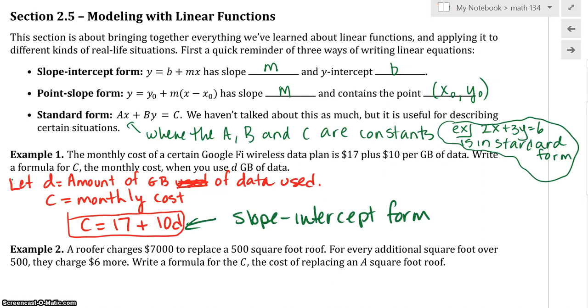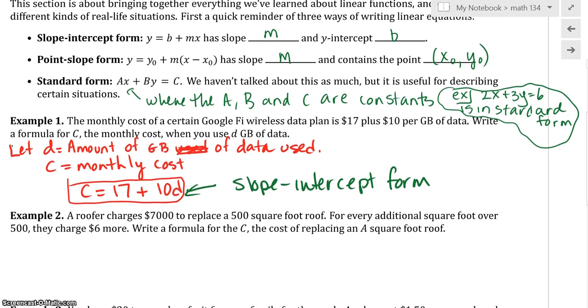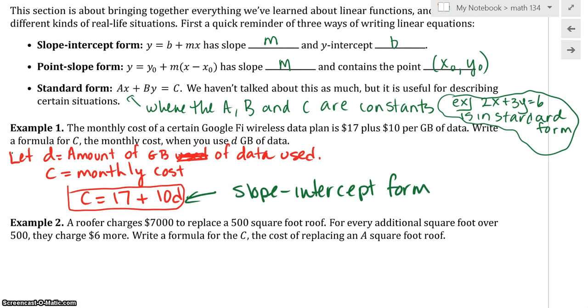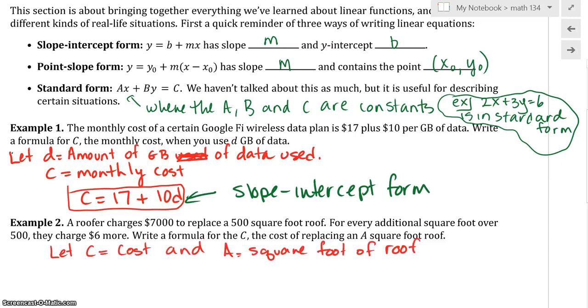Example 2. A roofer charges $7,000 to replace a 500 square foot roof. For every additional square foot over 500, they charge $6 more. Write a formula C, the cost of replacing an A square foot roof.